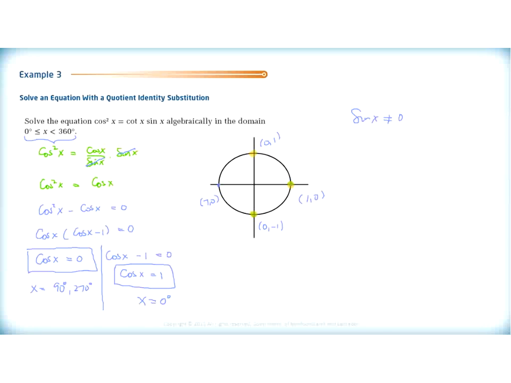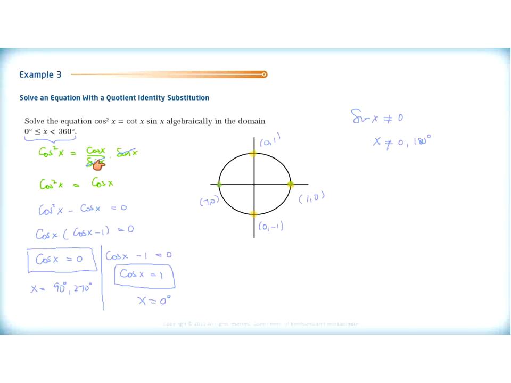Apologize for that. Where is sine x equal to 0? Sine x is equal to 0 at, let's get this correct. Sine x is equal to 0 at 0 and at 180. There we go. That's better. At 0 and 180.